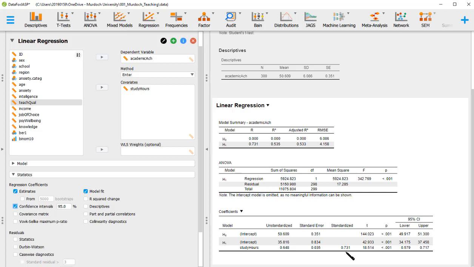By definition it will be 0, because it is at the level of the mean of the distribution. That is why we don't get a standardized score for the intercept, because it is 0.